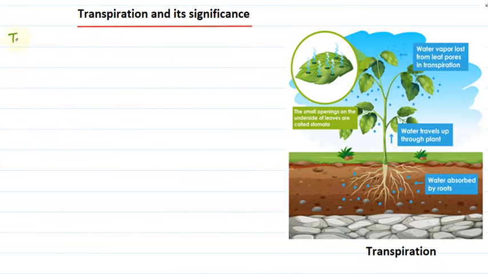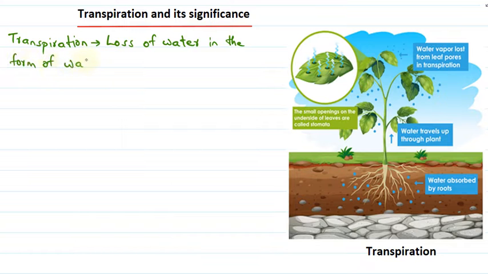So now how can we define transpiration? Transpiration is the loss of water in the form of water vapors. How is this water lost from the leaves?